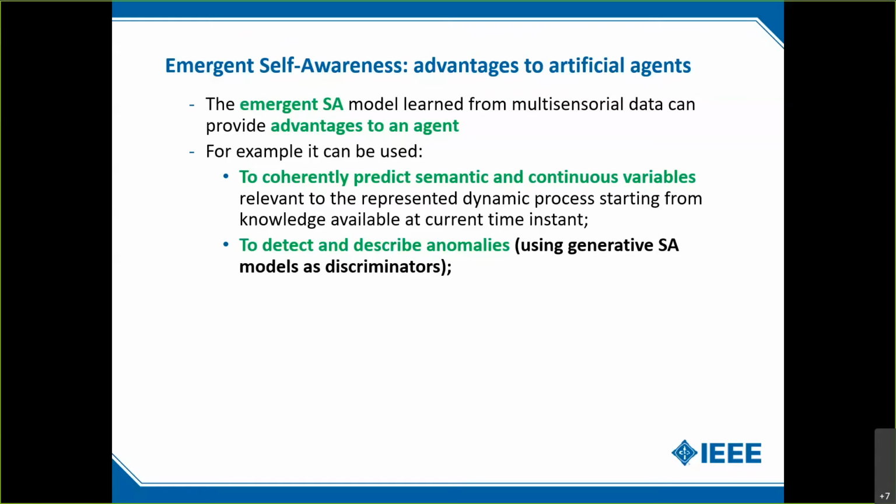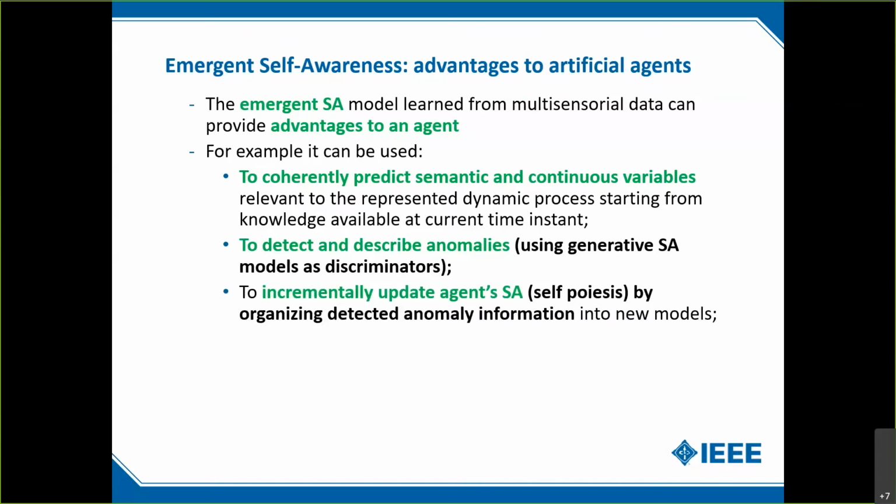So in this paper, we use the term generative self-awareness model to describe a model where we can infer some guess about some variables when we know some other variables. So the model is complex, but we can split it into different subparts.